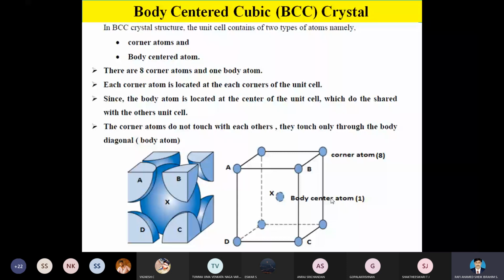This is the theory. With this theory, we have to go for the parameters. In the BCC crystal structure, we have 2 types of atoms: one is the corner atom, another is the body-centered atom. There are 8 corner atoms in the cubical crystal structure, and in addition to the 8 corner atoms, we have one body-centered atom. So this is the theory.